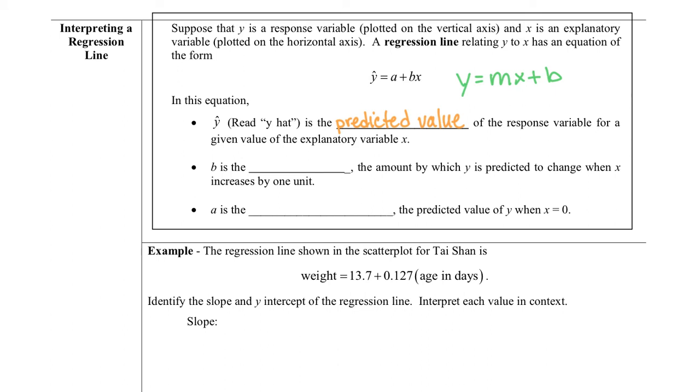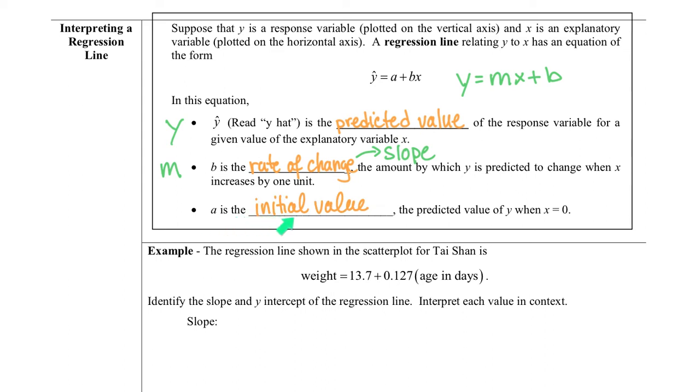In our slope-intercept form, this would be equivalent to just the letter y. That's pretty obvious. B is the rate of change. So this is where things can get a little confusing because in our slope-intercept formula, it's usually m. So in statistics, you need to realize that the letter b is what we use to represent our slope.